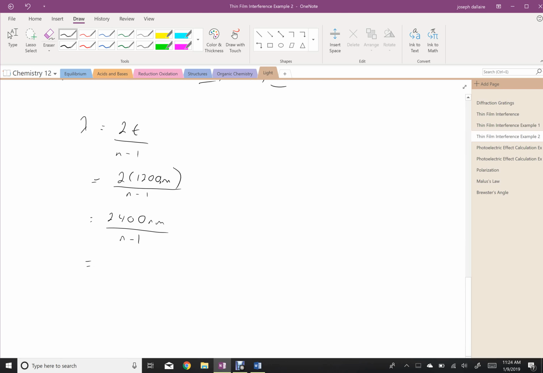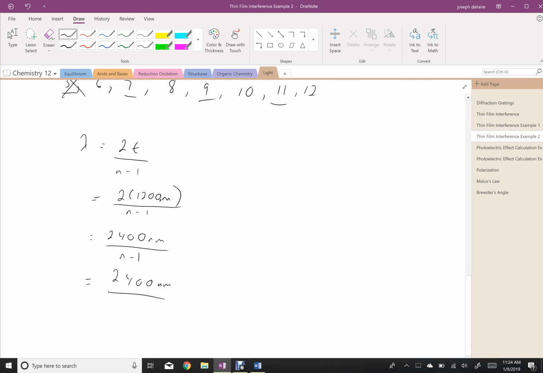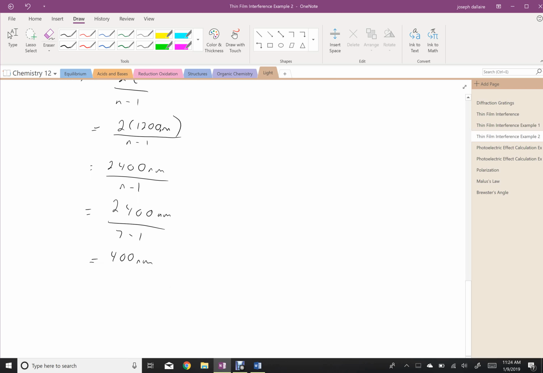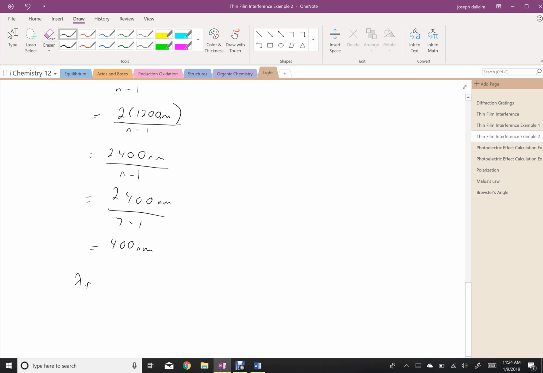So 2400 nanometers on 7 minus 1 gets me 400 nanometers. Remember, this is the wavelength in the film, so I need the wavelength in free space.